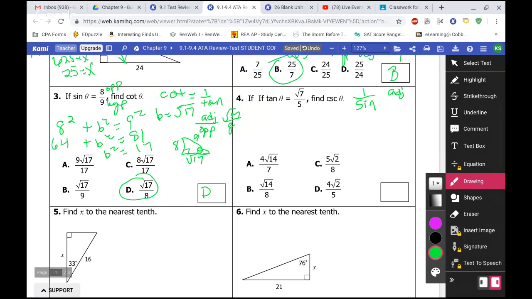So this is going to be hypotenuse over opposite. And tangent is opposite over adjacent.